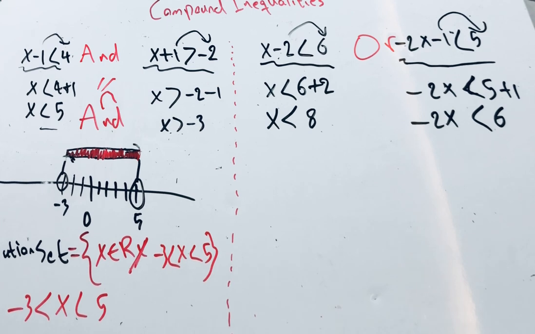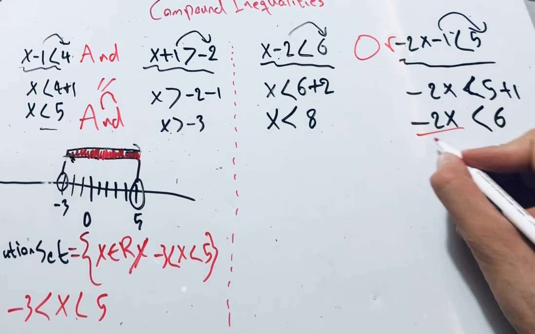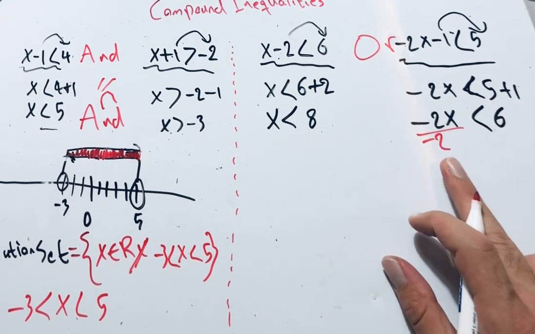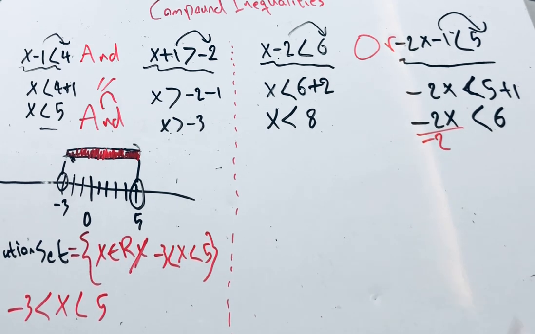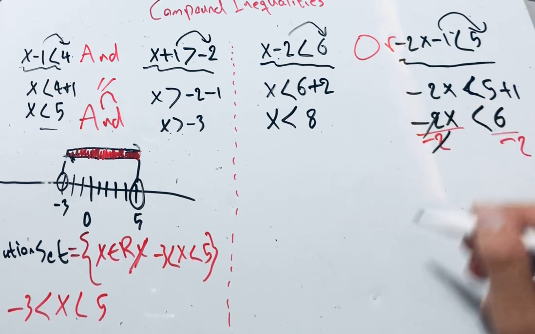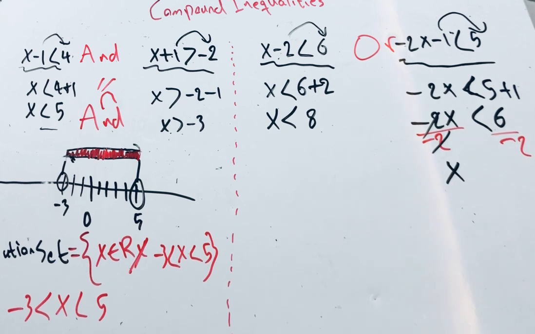We do know that we need to divide by the number that is next to x, which is -2 here. These two cancel, so we have x, and then 6 divided by 2 is 3. Also, this is positive, that is negative, where dividing is the same thing as multiplying in terms of signs. So this is just -3.